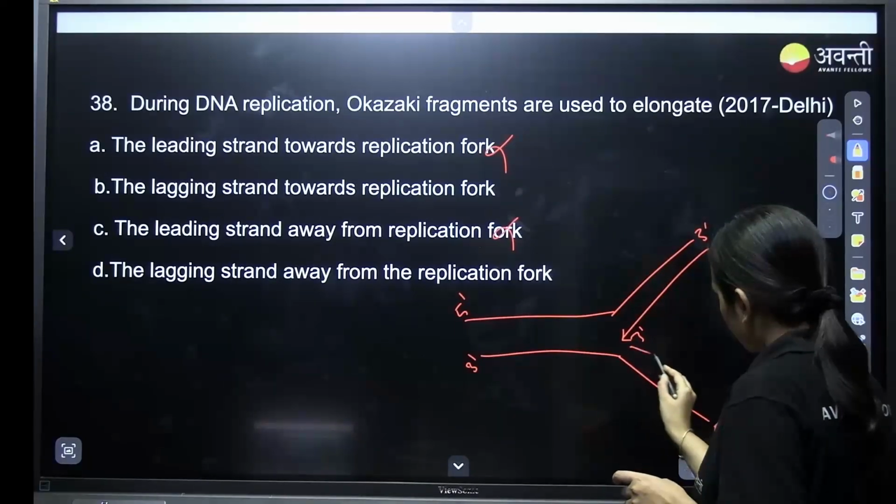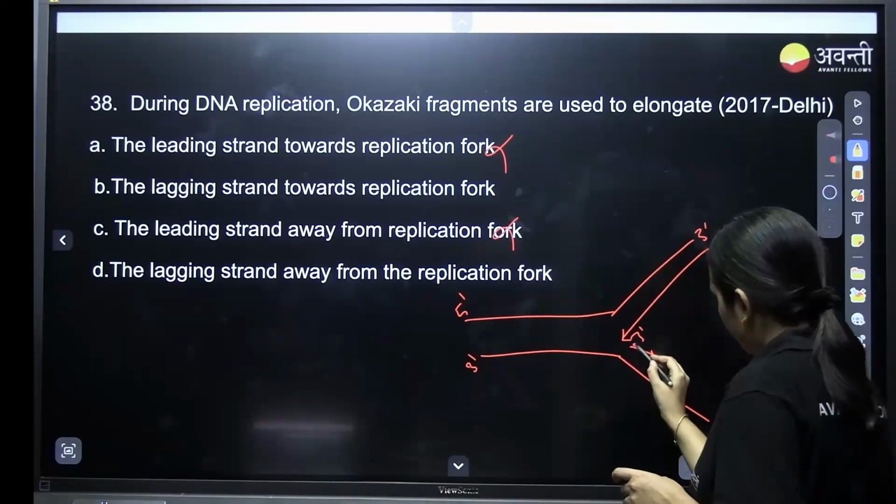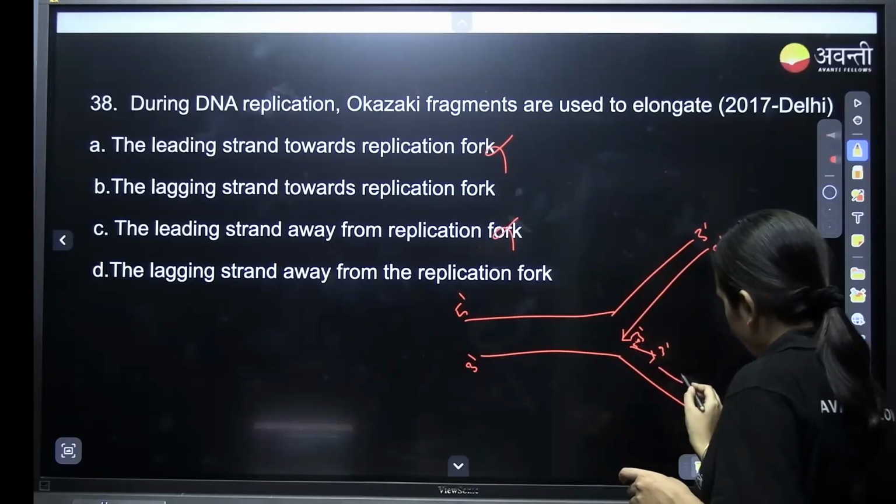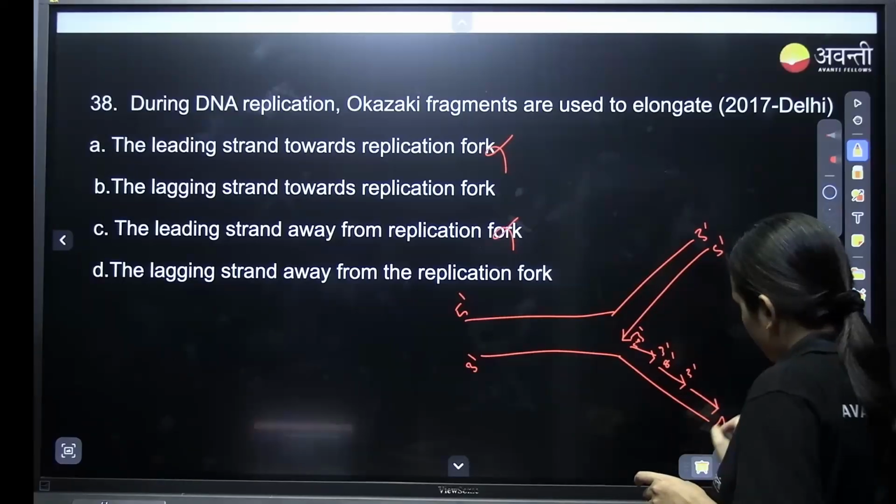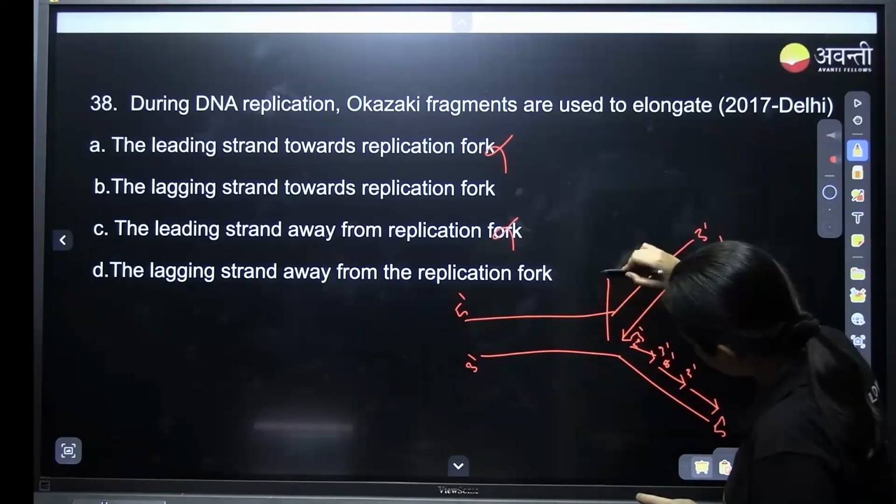Here it goes in this direction, this 5 prime to 3 prime, and in this direction. So this is the replication fork.